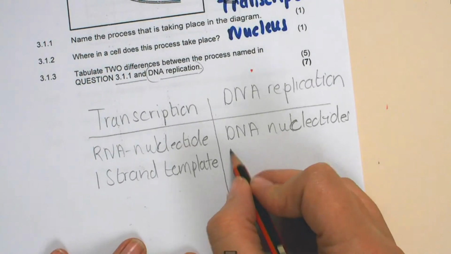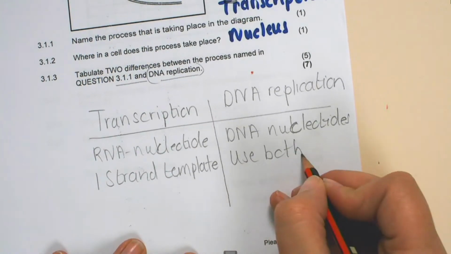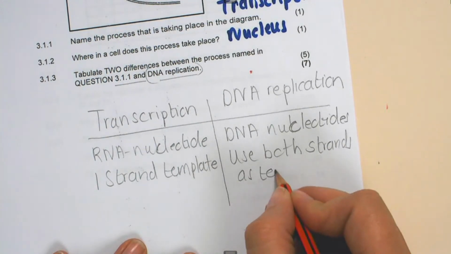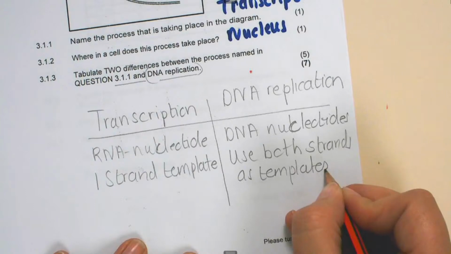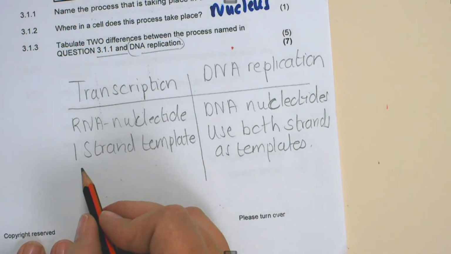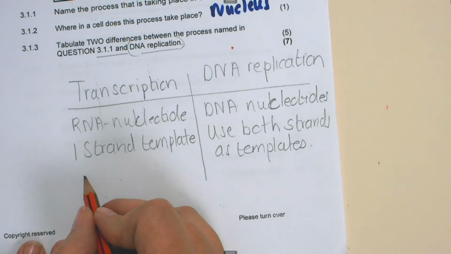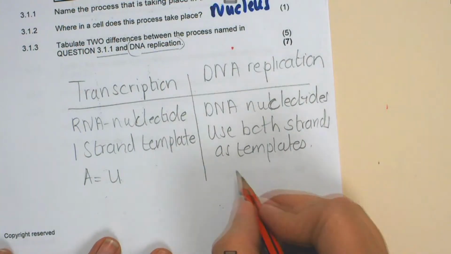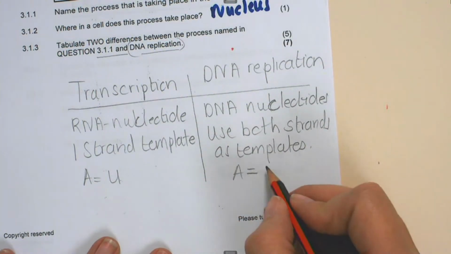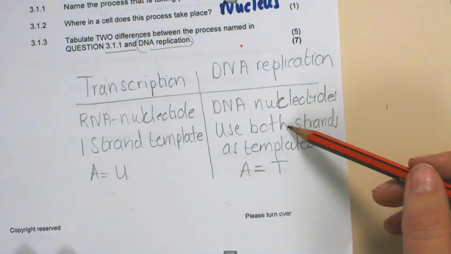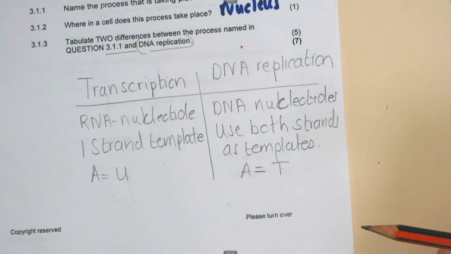DNA replication will use both strands as templates. In forming the mRNA, adenine will be binding with uracil. In DNA replication, adenine will be binding with thymine. So I think those are 3 very important differences that we must add there.